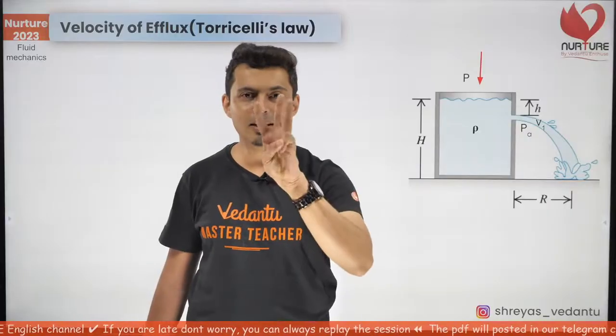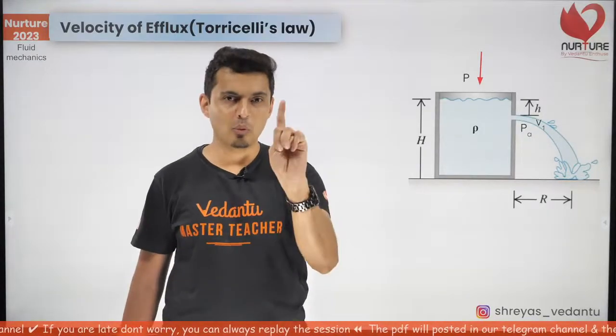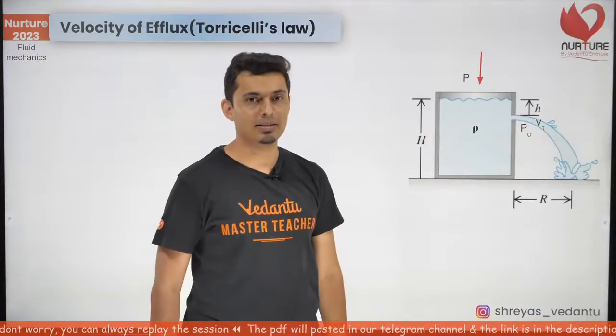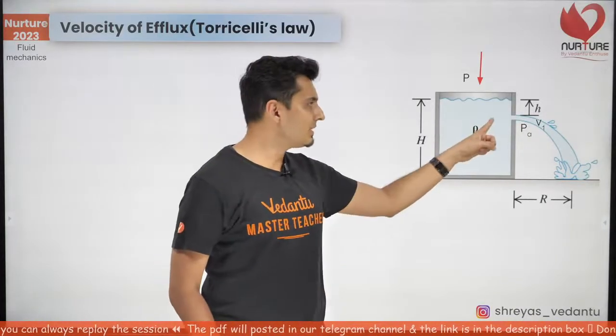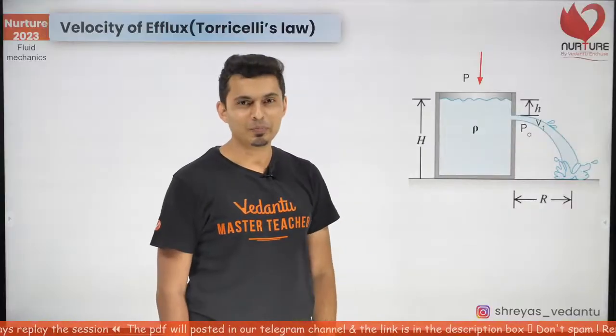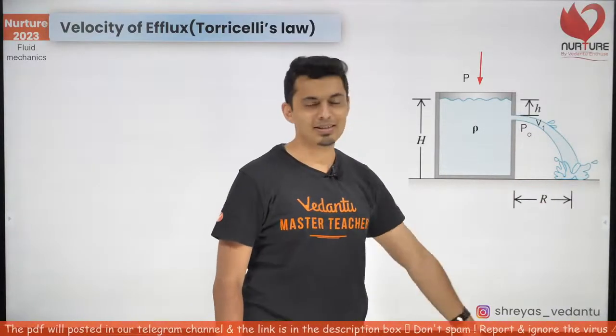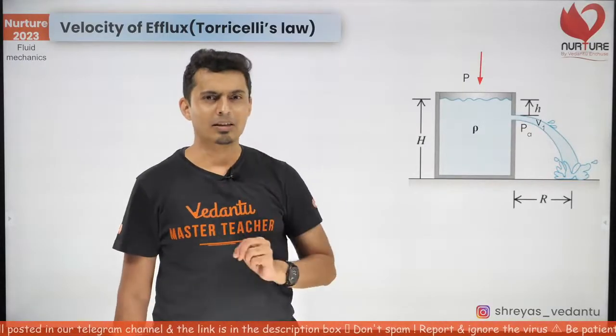I'm interested in three different things. One, what is the speed of the efflux through that orifice? Number two, what is the time that it takes to fall down? Number three, what is the range of that efflux? I know one thing now.